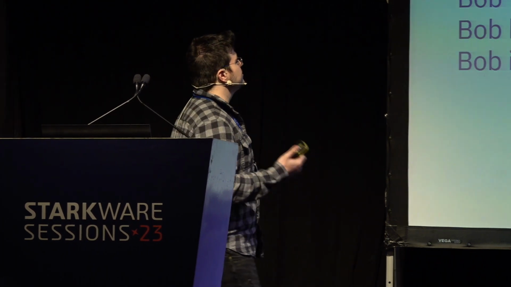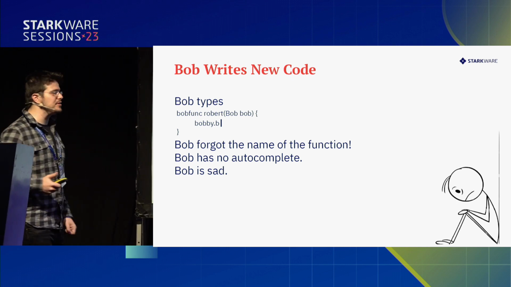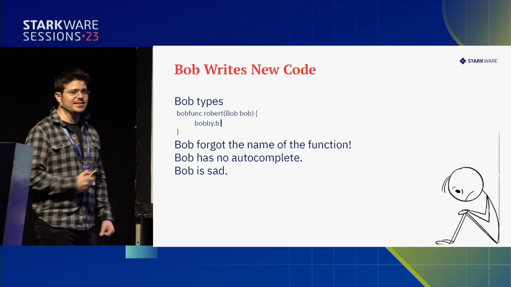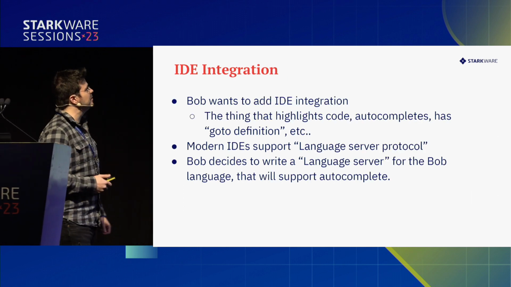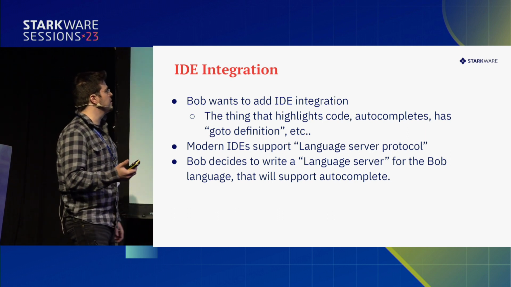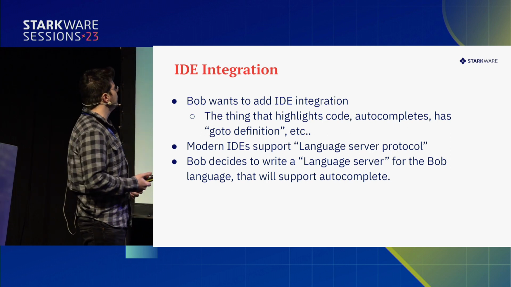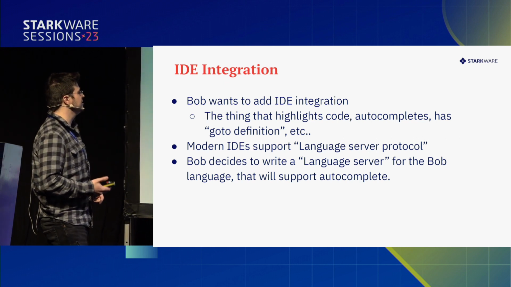Bob starts to write some new code. He types this code, starts to write Bobby.b, and Bob forgets the name of his function. Oh no, Bob has no autocomplete. Bob is sad. Bob wants autocomplete. All right, so Bob decides to add some IDE integration. IDE integration is the thing that highlights your code in your IDE, does the autocomplete, has go-to definition, all these nice features when you're developing your code.